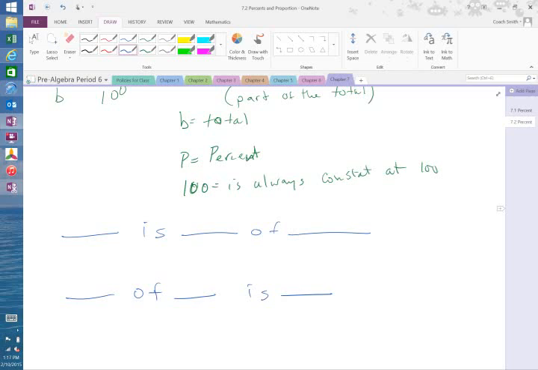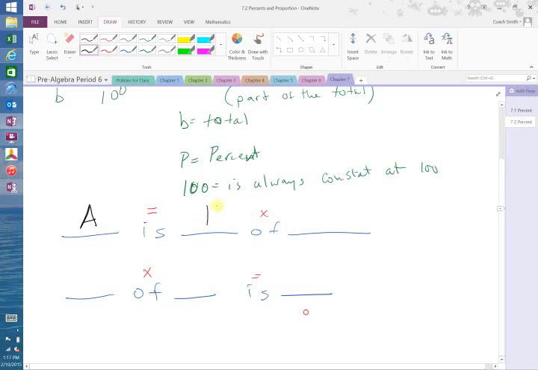Now, when we look at this pattern, is means equal, and of means to multiply. But we're going to look at it from the proportion standpoint. From the proportion, the letter A is always by itself on one side or the other of the is.